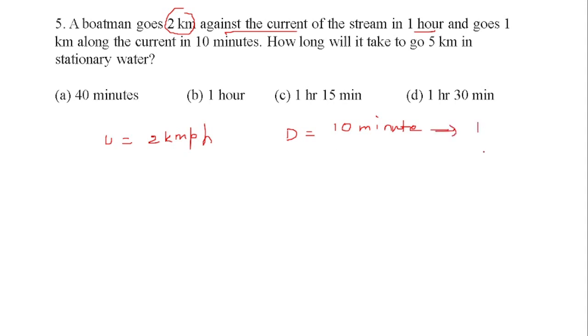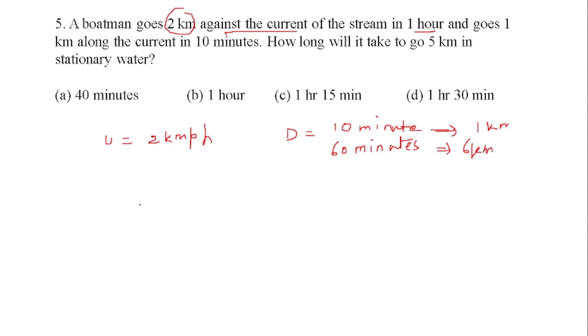Whenever the situation is in minutes or more than 1 hour, always we want it in 1 hour. So in 10 minutes, 1 kilometer, calculate in 60 minutes, that is 1 hour. 60 minutes, that is 6 kilometers.